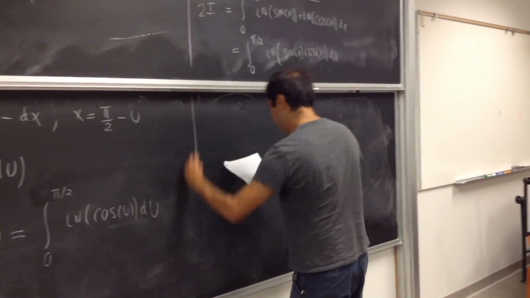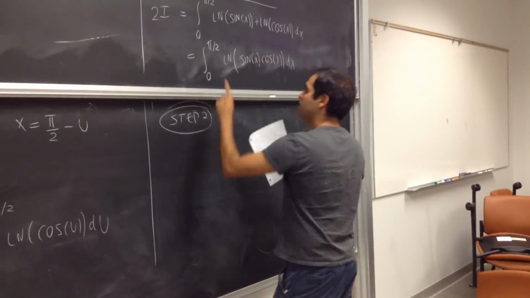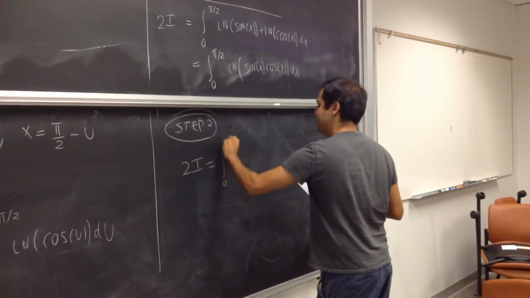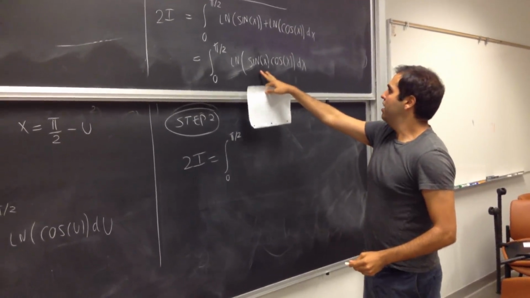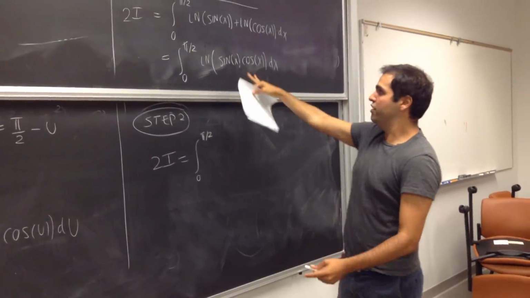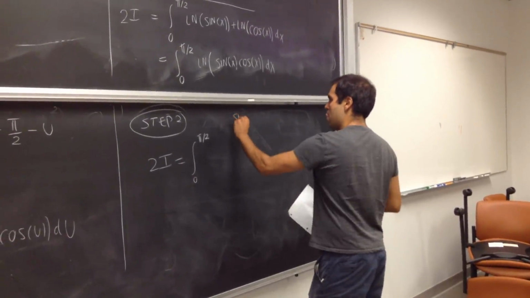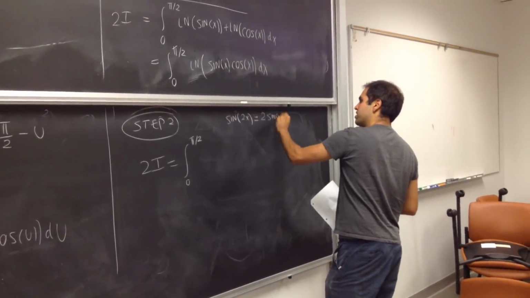Now let's do step 2. So this still 2I equals, as I said, we want to turn this into a sine, but if you remember, sine of 2x is in fact 2 times sine of x cosine of x.